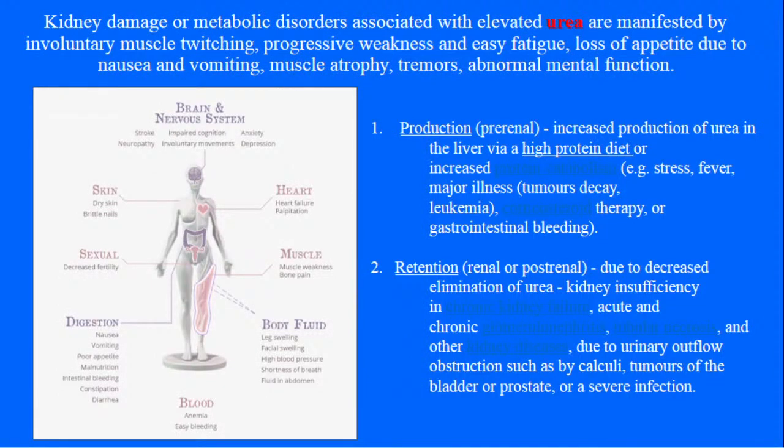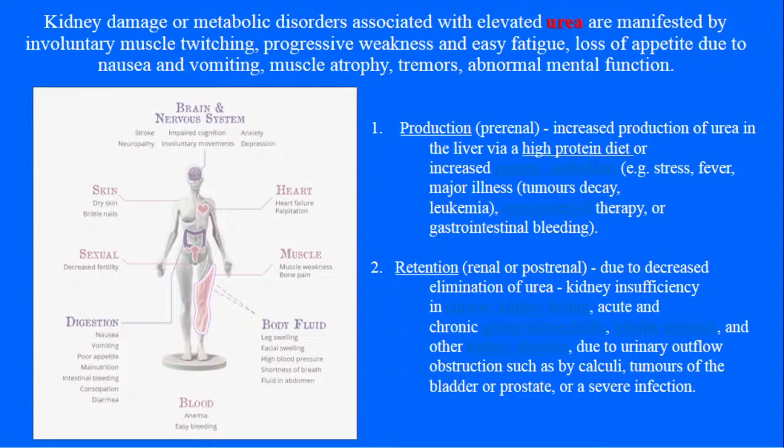Kidney damage or metabolic disorders combined with elevation of urea are manifested by involuntary muscle twitching, progressive weakness and easy fatigue, loss of appetite due to nausea and vomiting; diarrhea can be observed. In chronic situations, there is muscle atrophy and abnormal mental functions also.